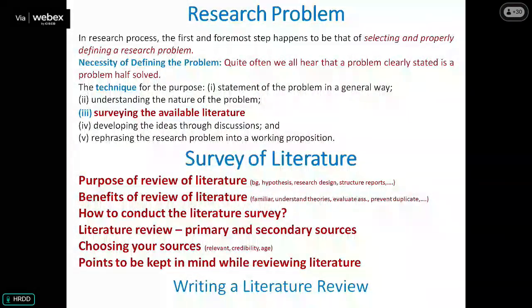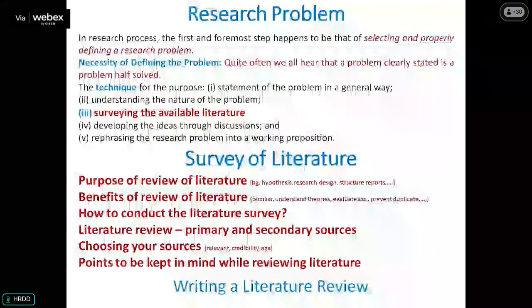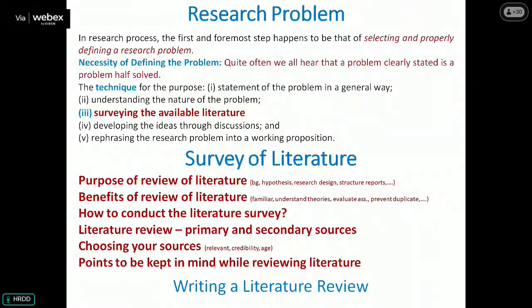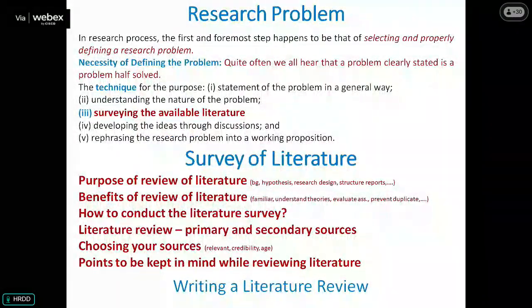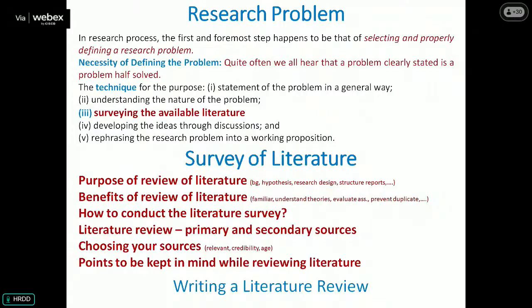Benefits of literature review: we become familiar with the subject. If we are doing something new, we become familiar with what we will pursue in literature, understand the various theories involved, evaluate and assess the already available literature, and it will help prevent duplication. So we'll not repeat what has already been carried out.